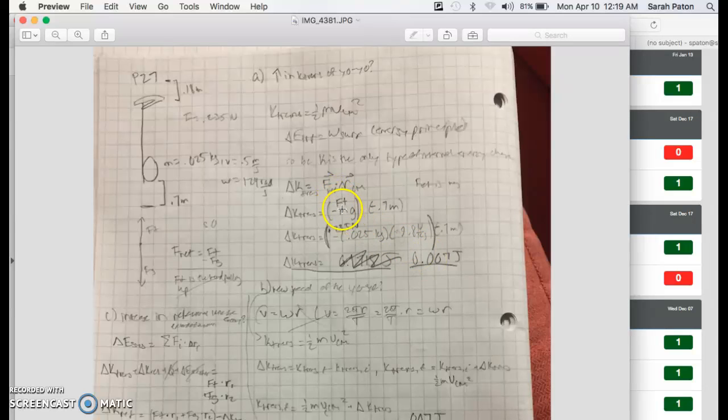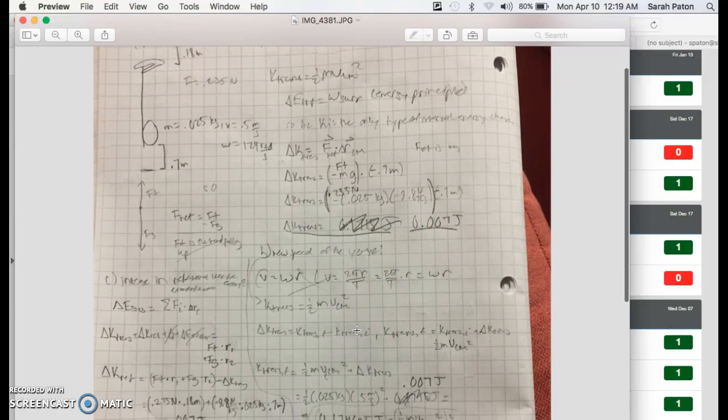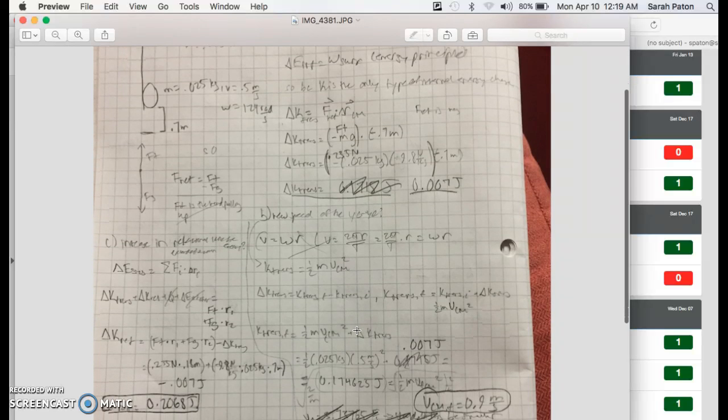So with these two forces, I have F net, and I know that the center of mass moves negative 0.7 meters down. So using these two things, I can calculate the change in the translational kinetic energy, which ultimately is 0.007 joules.